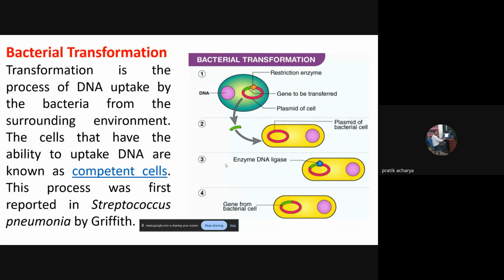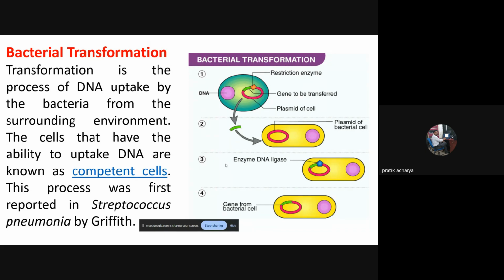This is bacterial transformation. How does transformation occur? This is the clear-cut pictorial presentation of bacterial transformation. It is the process by which bacteria take up foreign DNA from their environment and incorporate it into their own genome.